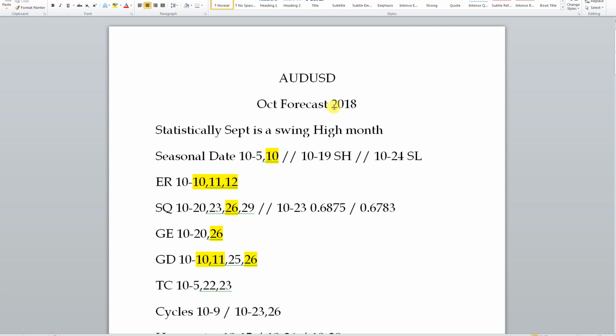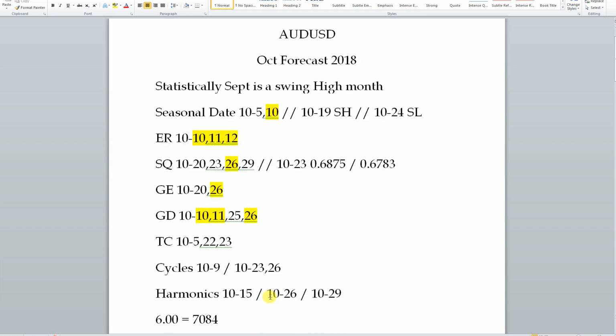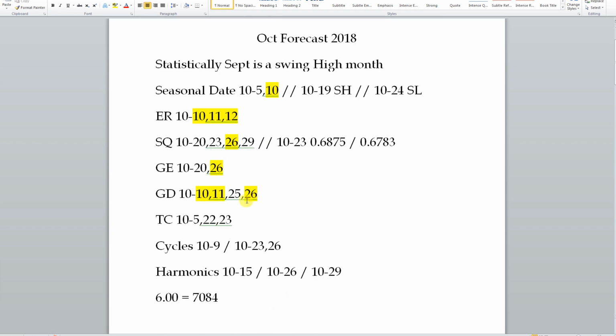This was my forecast for October. I was updating it, so there were some things I didn't finish updating. These are the dates I was watching, but I was leaning a lot on the 26. Either 20, 26. These are the ones I highlighted that will be important for me. The 11th and 12th didn't pan out. The 10th didn't pan out. But the 26th was the one I was watching.